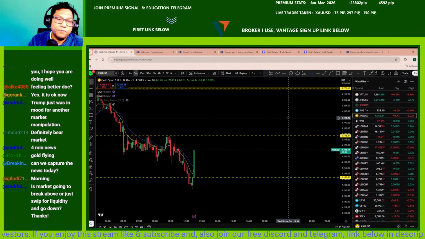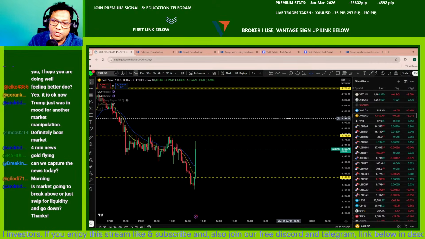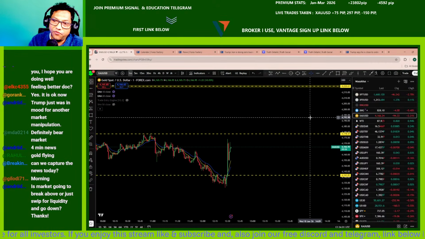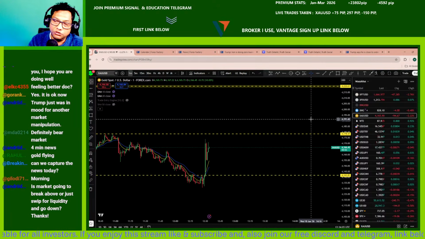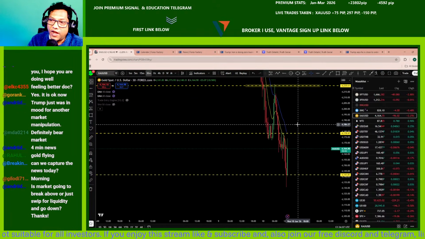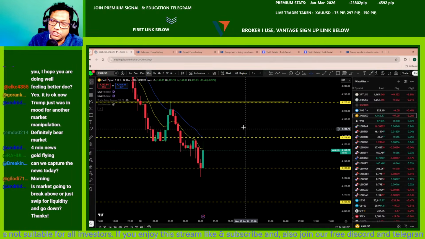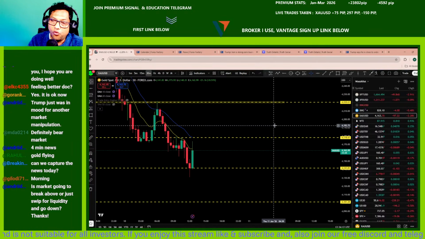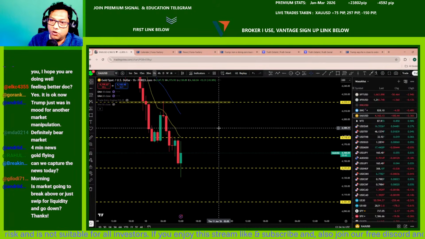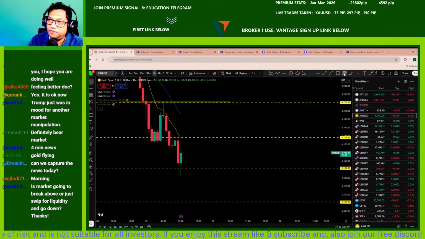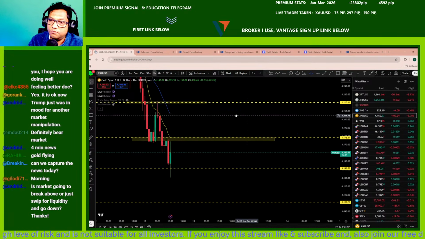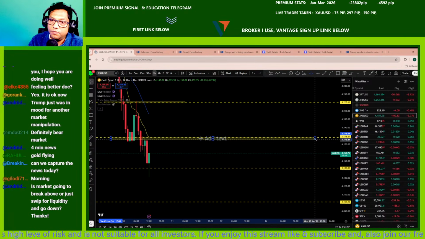In my opinion, it's grabbing the liquidity and we might see that rejection. So I'm still biased for a potential sell opportunity. What is your bias? We need to see it get overextended in one direction to be able to look for that entry, which is very important. You can see that here, this is the current area of value.